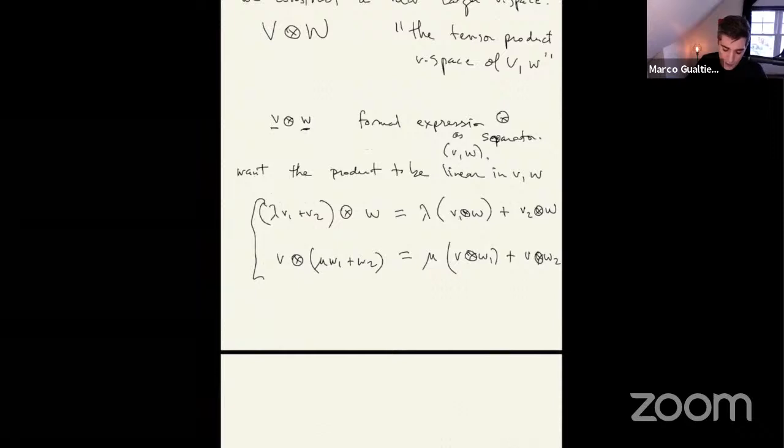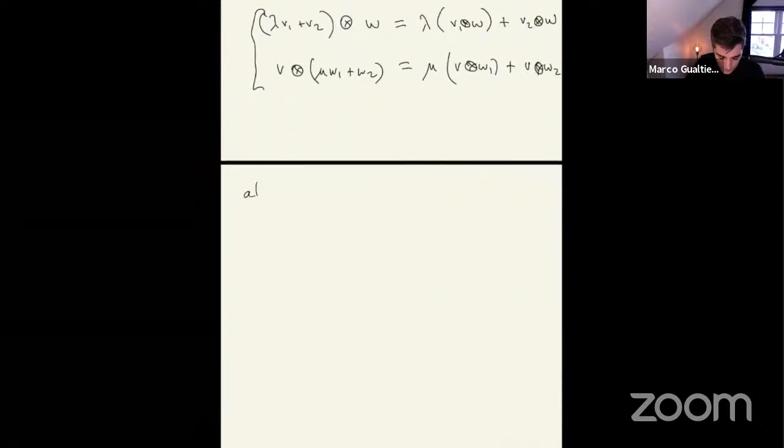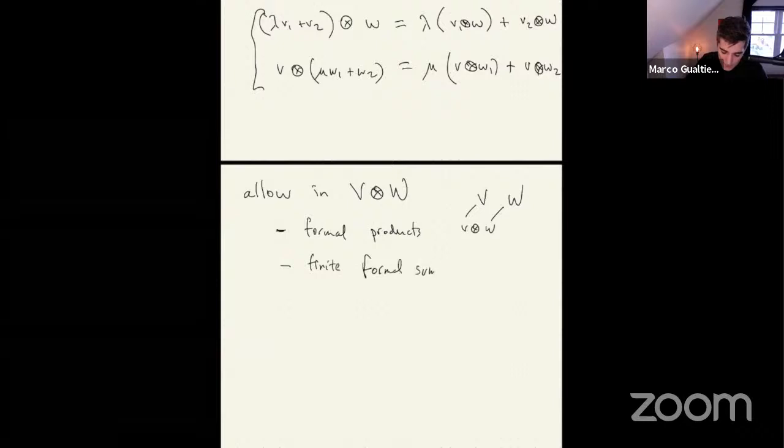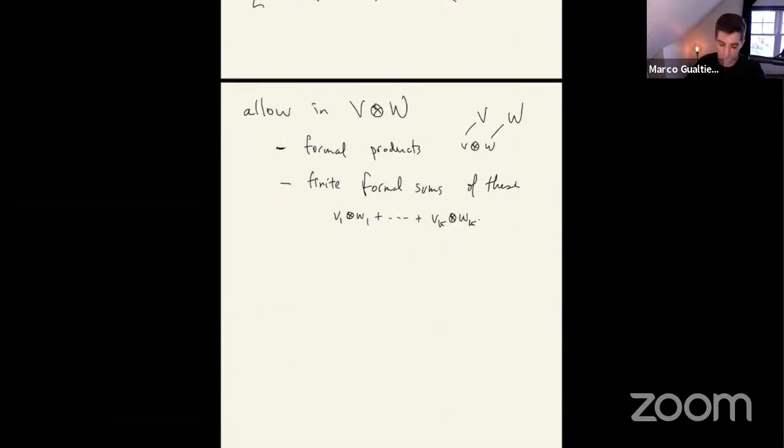So in order for this to be possible, we allow in V tensor W the following: formal products V tensor W, where V is in V and W is in W. We allow finite formal sums of these, so V1 tensor W1 plus ... VK tensor WK for any finite K. That's allowed.